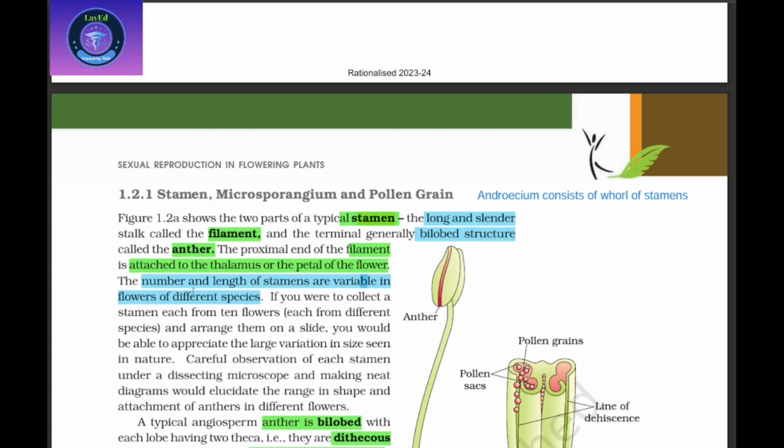Then you should remember, yes, the number and length of stamens are variable. Clear? The part about collecting a stamen from each of 10 flowers, you can read by yourself, nothing that important. The important points are already highlighted. You should be very focused on those points. Clear?